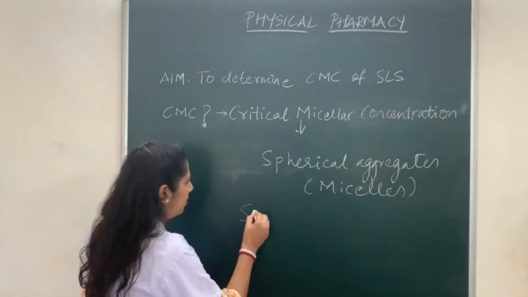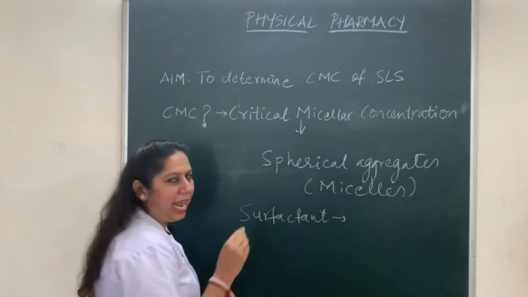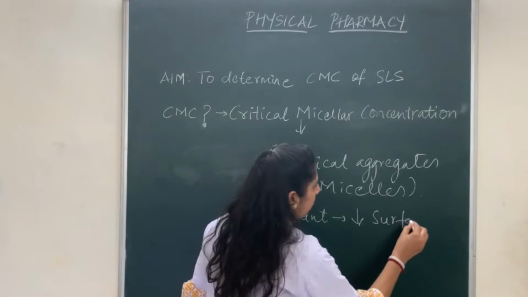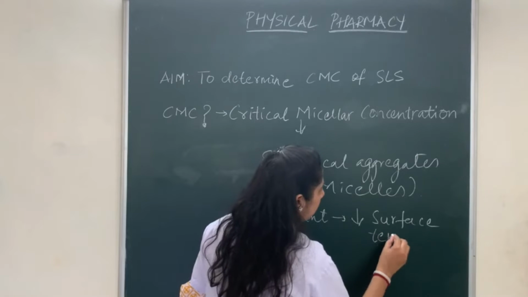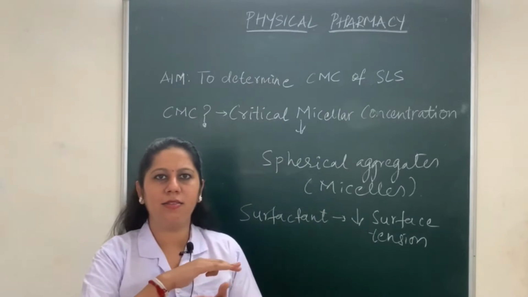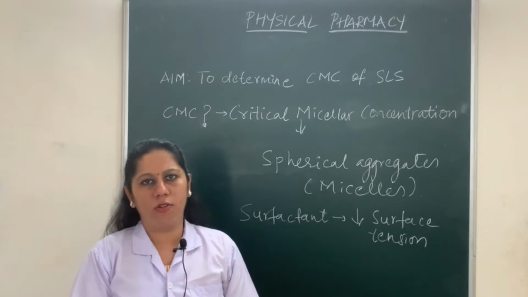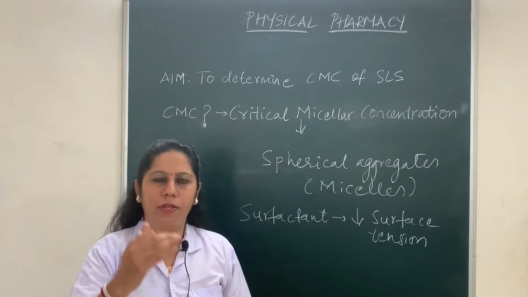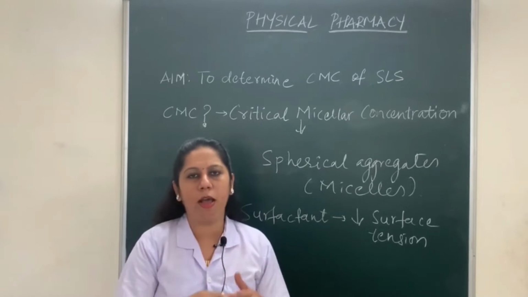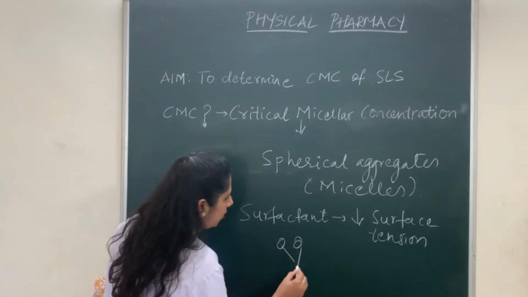Any surfactant when added to water or any other liquid will reduce the surface tension. Why? Because the molecules occupy the surface of the liquid. But above some concentration, what happens? The molecules of surfactant have no place on the surface and they occupy the bulk to form the spherical aggregates.